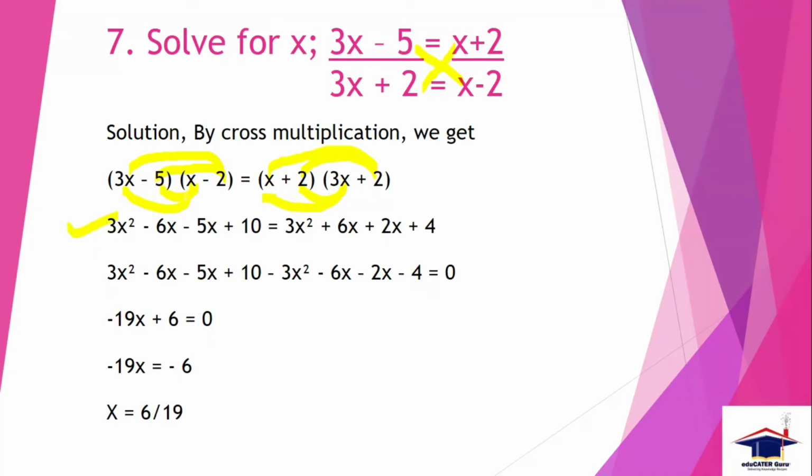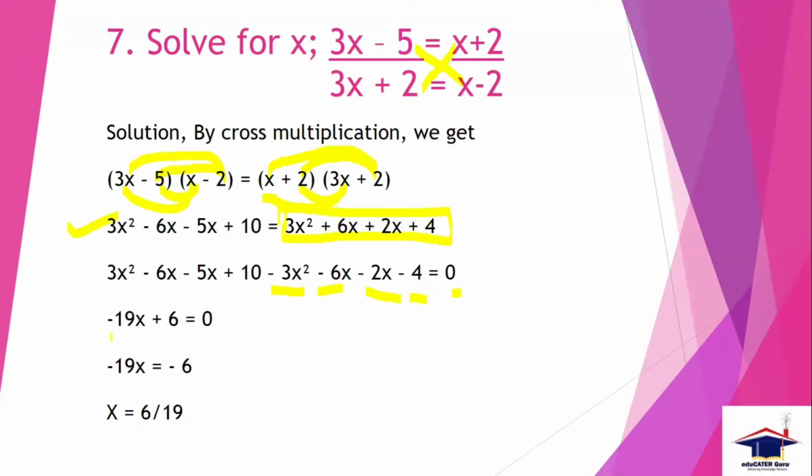So keep solving this, keeping all the things on the left hand side, 3x square minus 6x minus 5x plus 10. When all these things are taken to the left hand side, everything positive becomes negative. So it becomes minus 3x square minus 6x minus 2x minus 4 equals 0.